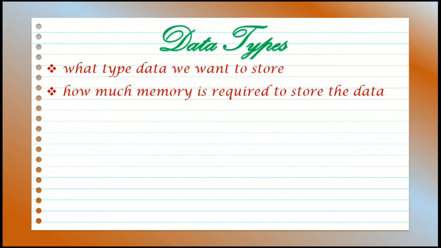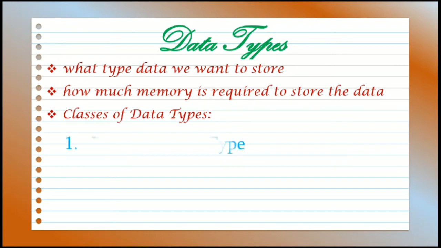So basically data types are used for two main reasons. First one is what type of data we want to store, and second one is how much memory is required to store the data. Data types are classified into three types.